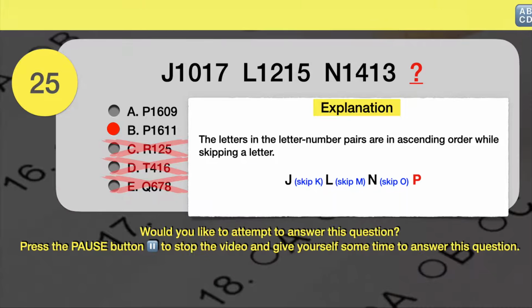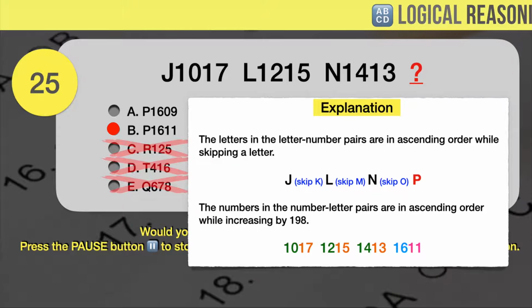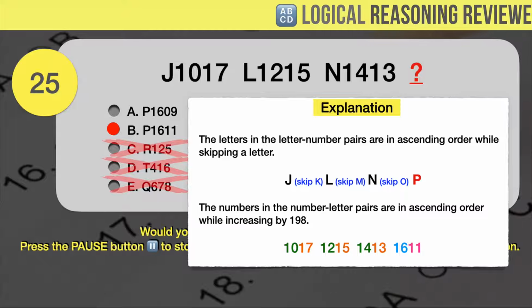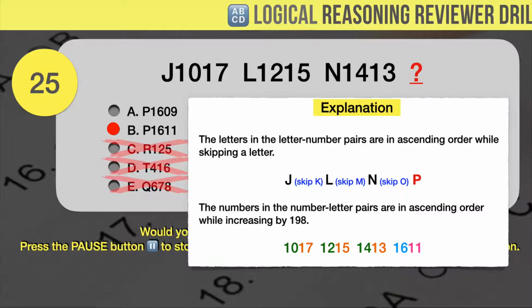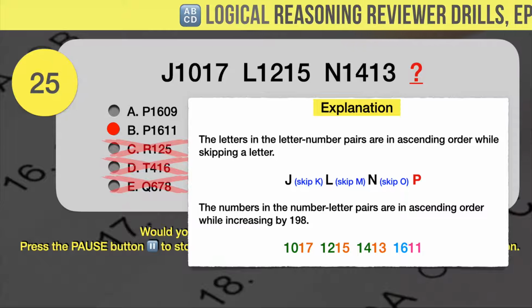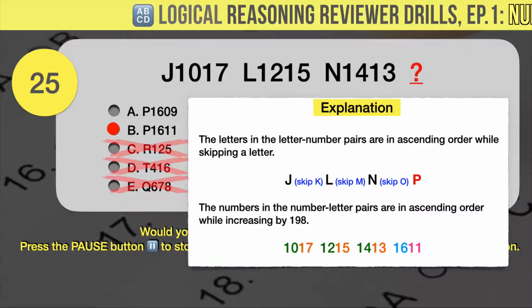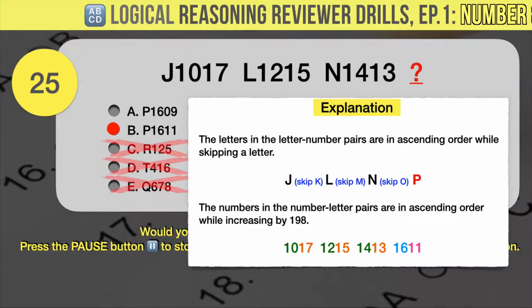There is actually a second alternative approach to figuring out the number portion of the given letter number sequence. We can break down the 4-digit numbers into two sets of 2-digit numbers. That is 10, 12, and 14, and 17, 15, and 13. And then consider these two sets of 2-digit numbers as subsequences.